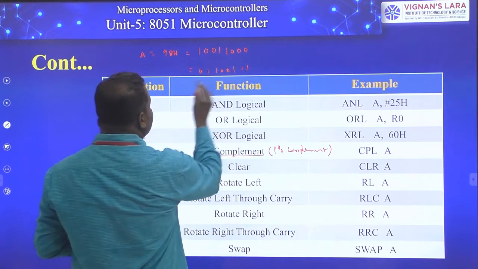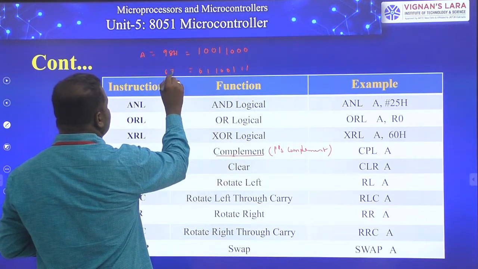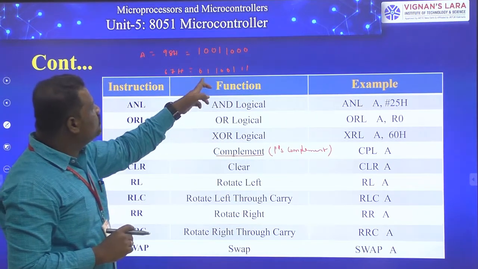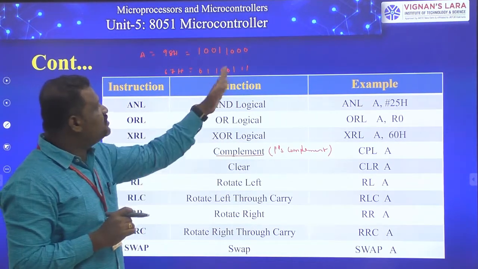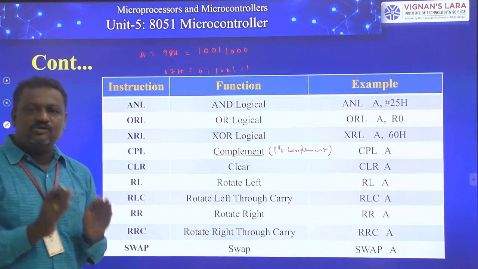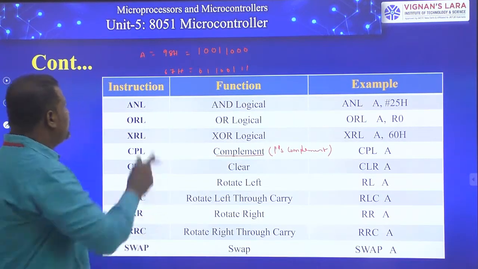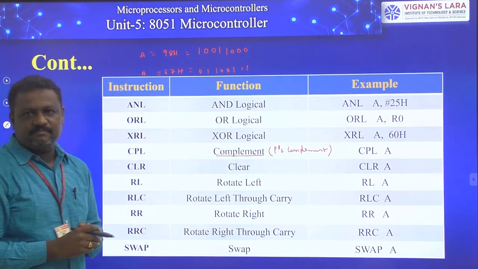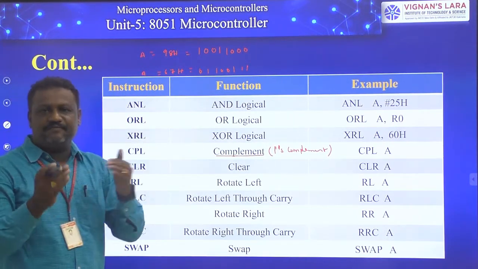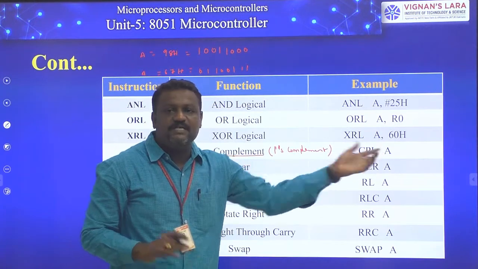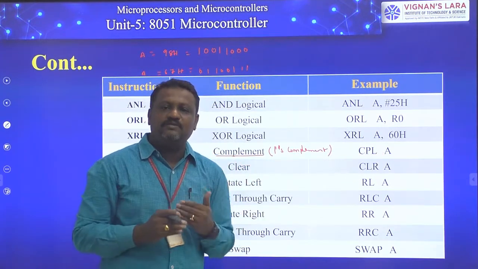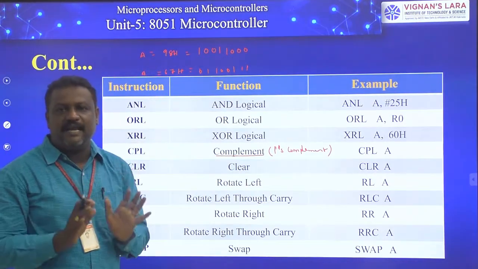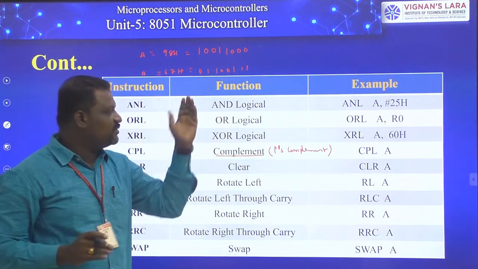It is equivalent to 67H, because 0110 is equivalent to 6 and 0111 is equal to 7. Now this 67H again goes to the accumulator itself. This is the result I found after execution of CPL A, and before execution, my A value was 98H. I hope you understand this.